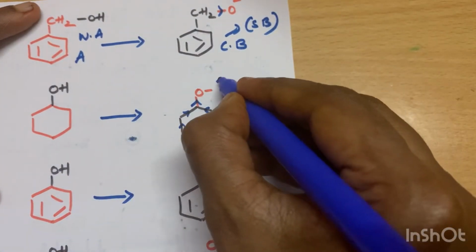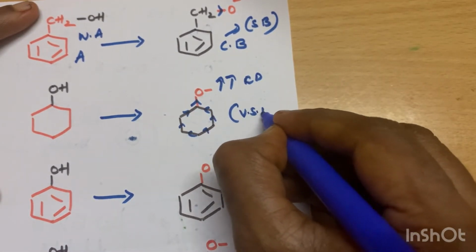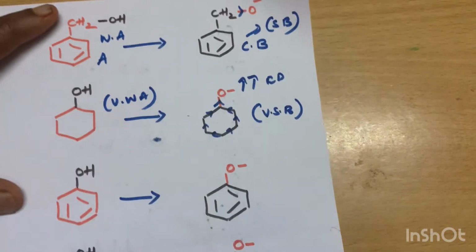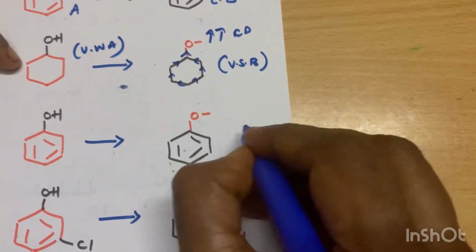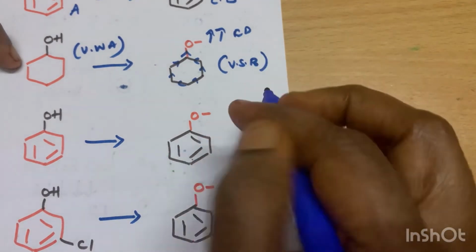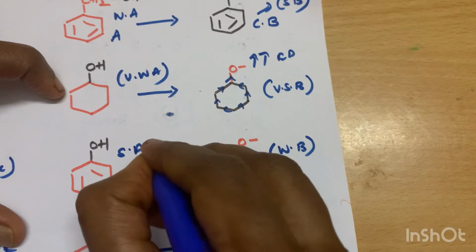So the electron density will increase more, so it is a very strong base, so it is a very weak acid. I'm using abbreviations only, please don't confuse yourself. So this is a weak base, so it will be a strong acid.